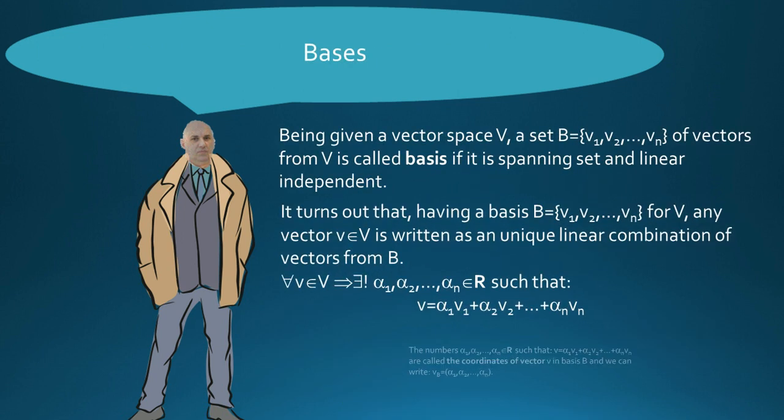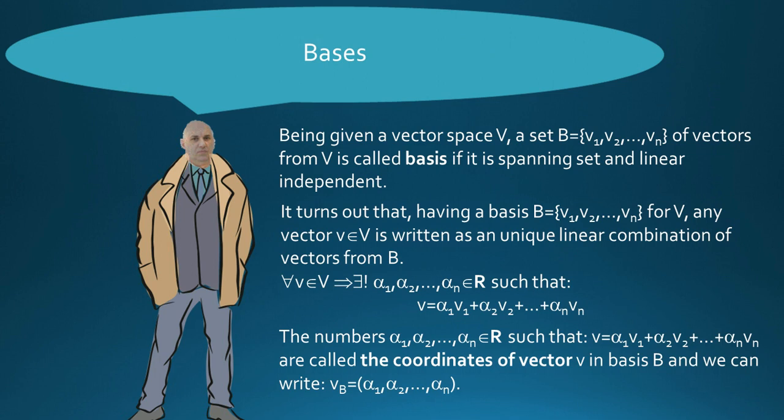Basis. Being given a vector space V, a set B = {v1, v2, ..., vn} of vectors from V is called a basis if it is a spanning set and linear independent. It turns out that having a basis B = {v1, v2, ..., vn} for V, any vector v is written as a unique linear combination of vectors from B. For any v in V, there are unique alpha 1, alpha 2, ..., alpha n in R such that v = alpha 1 v1 + alpha 2 v2 + ... + alpha n vn.